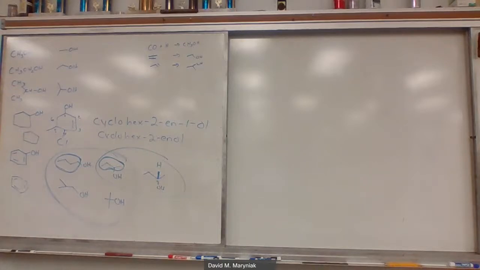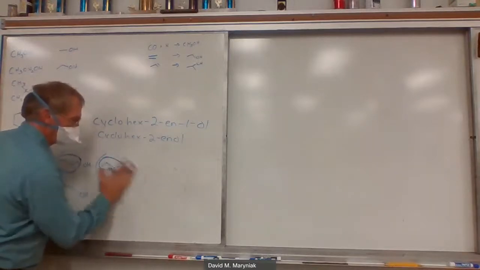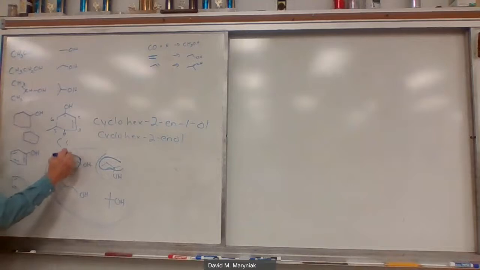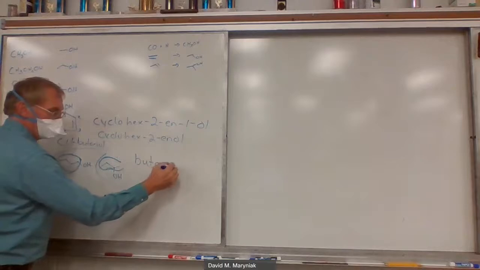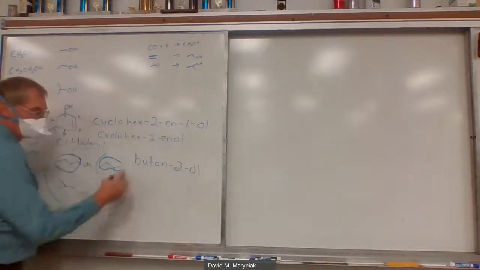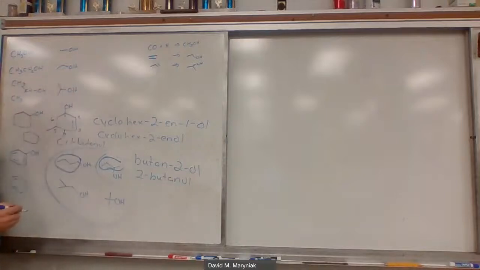So if you wanted to commonly name that one, sec-butyl alcohol. If you wanted to systematically name that, what would you do? This is just butanol, and if you want 1-butanol or butane-1-ol, then what are we going to do with that one? Butane-2-ol or 2-butanol, 2 acceptable ways to name that.